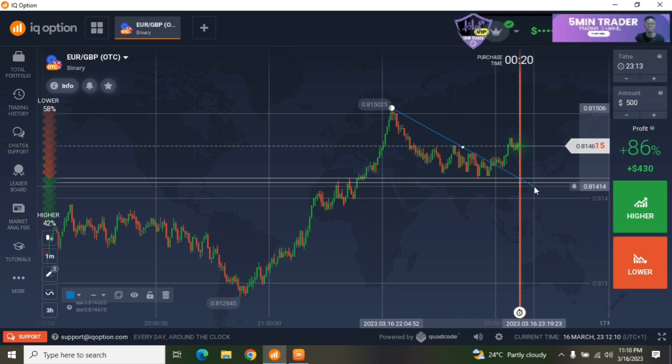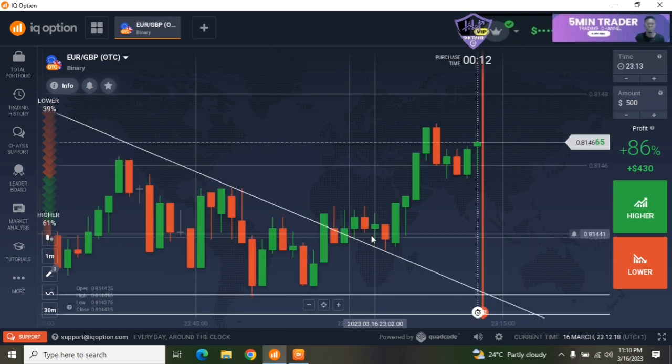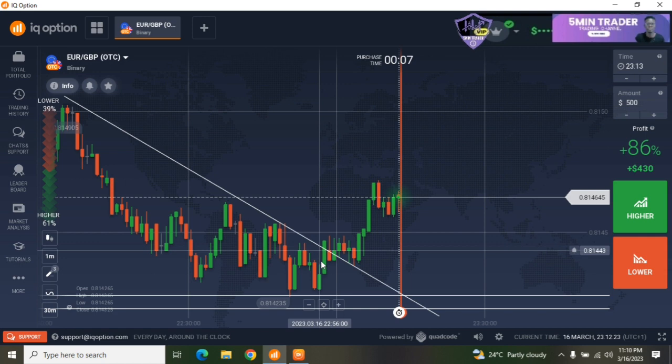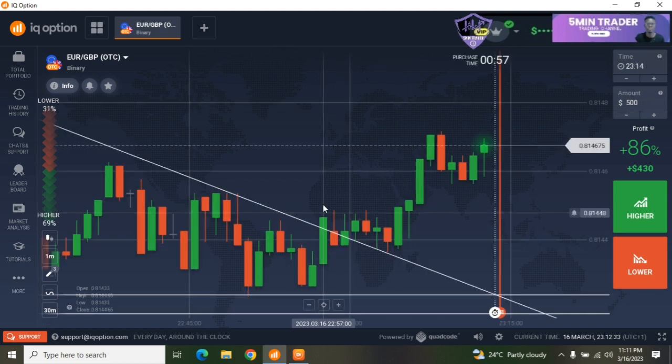So now this candle, actually at this point when I was drawing this level, this candle was running, so the candle broke this trend or resistance level, but it wasn't a clear breakout for me, so I didn't take a trade on this candle.